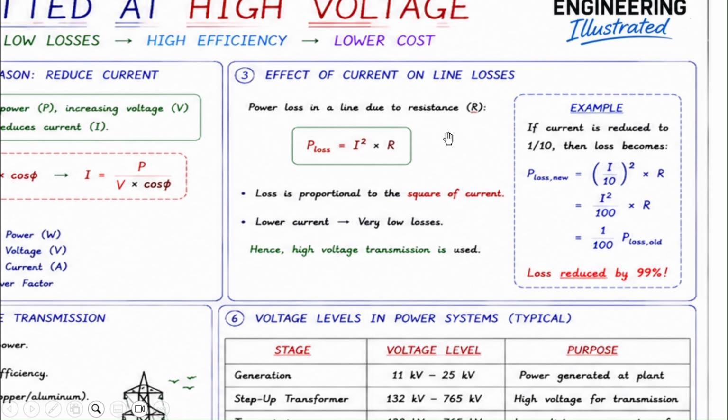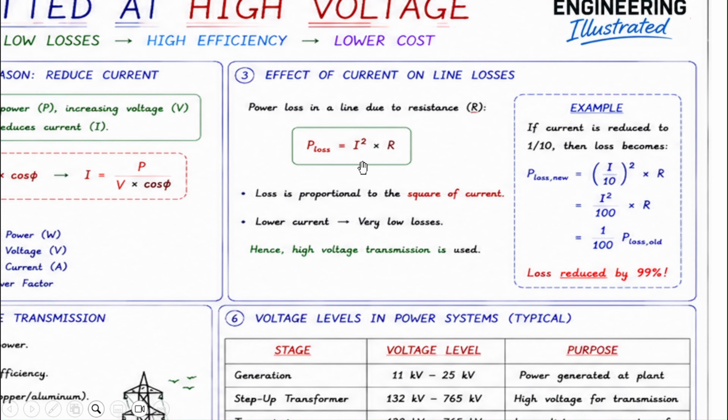So what is a line loss? In every power system, power is transmitted, as we've discussed, through transmission lines. And these transmission lines are not 100% efficient in transmitting the electrical power.